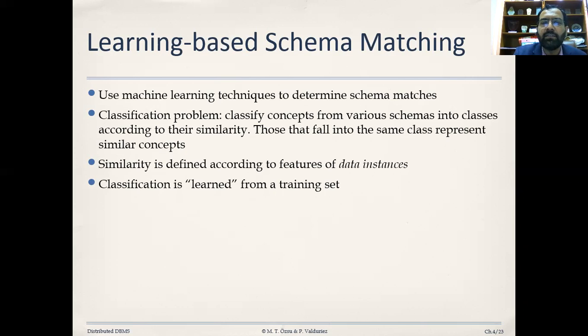So similarity is defined according to the features of data instances, so obviously it is defined in terms of data. For example, if you want to match employee, you have to define the features of employee. If you want to match the project, or the work assigned, or the departments, or any other instance, then you have to have those features with yourself, and then you'll see how your model classifies when you give it the trained data.